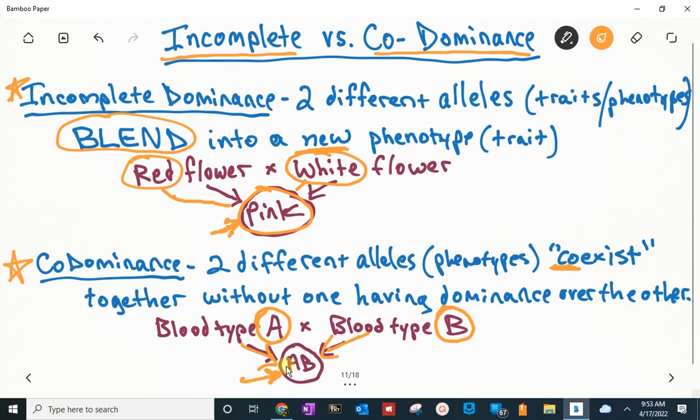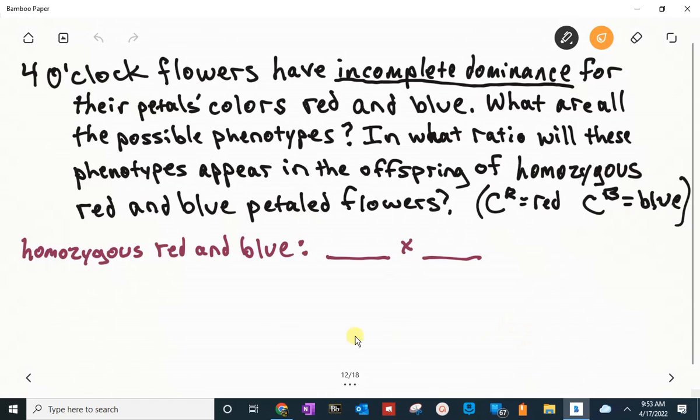They coexist because they're codominant. So now you have an AB blood type. Four o'clock flowers have incomplete dominance. That's the blend. Incomplete is when it blends.